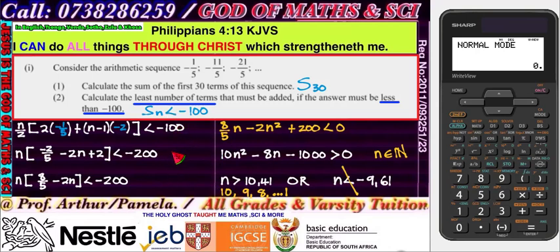Let me do the substitution into our formula. Remember our formula: S sub n equals n over 2 times 2a plus, you know the formula. Right. So let's start with 10 terms.